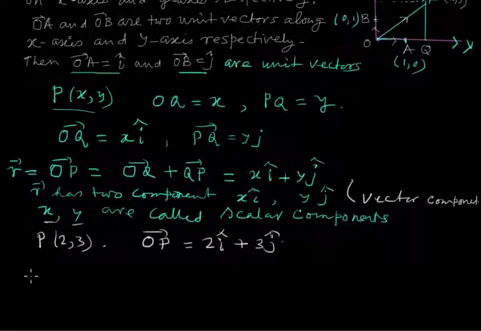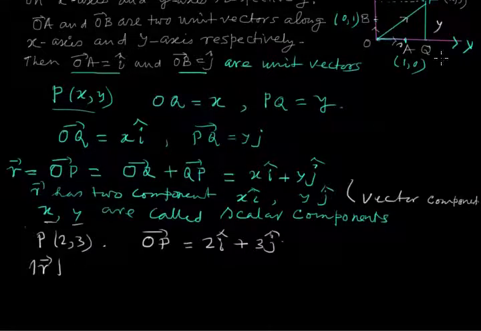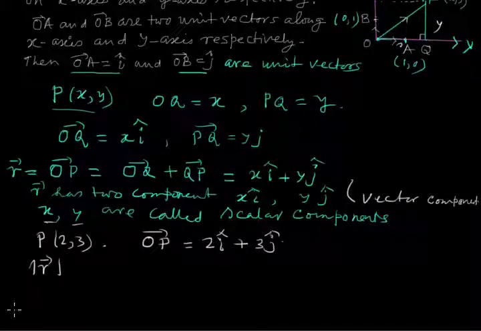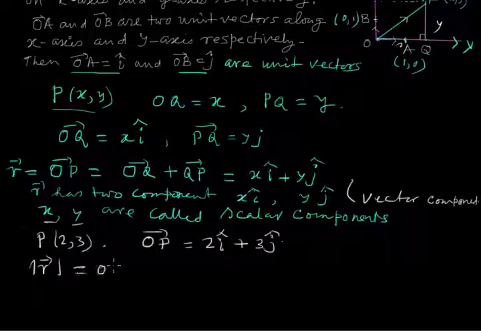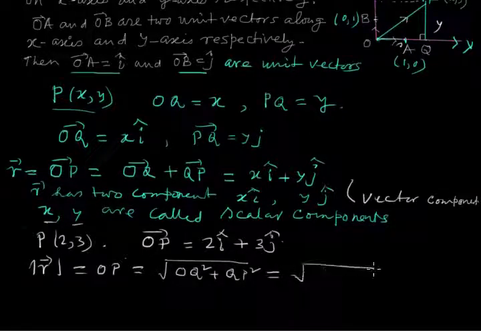Now I will get the magnitude of vector R. As this much is x unit and this much is y unit, and it is a right angle triangle, if we apply the Pythagoras theorem, then we will get OP is equal to root over OQ square plus QP square, that is root over x square plus y square.